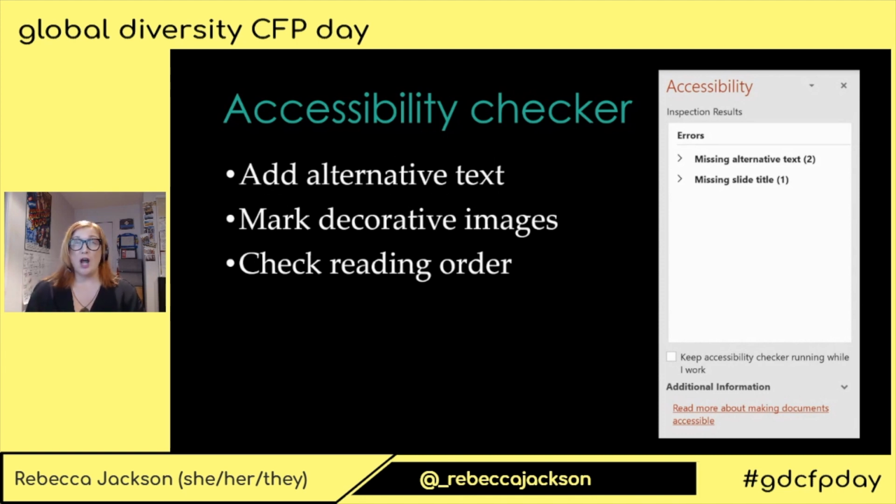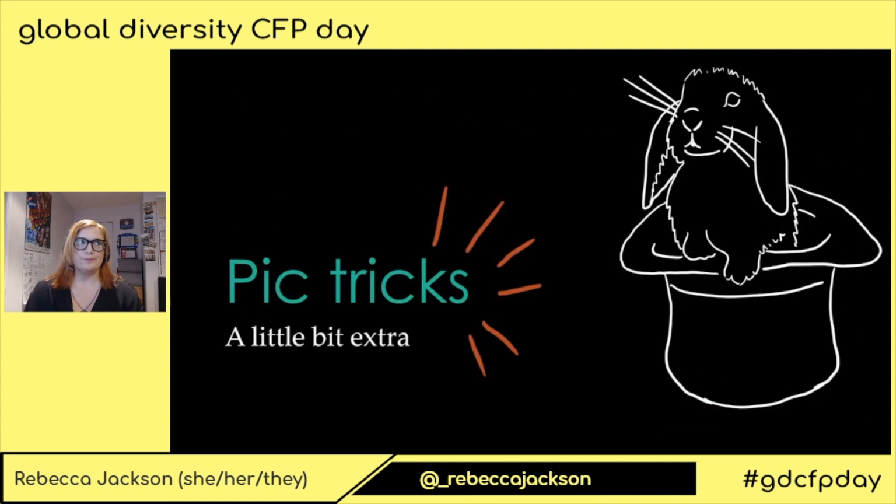And again, if you're using a diagram, you probably want to use some alternative text to explain what the diagram is illustrating. If you've drawn an image and that image is important for people to understand what you've done, then you want to add alternative text there. And there's heaps of other stuff in there, so marking images as decorative and checking your reading order.